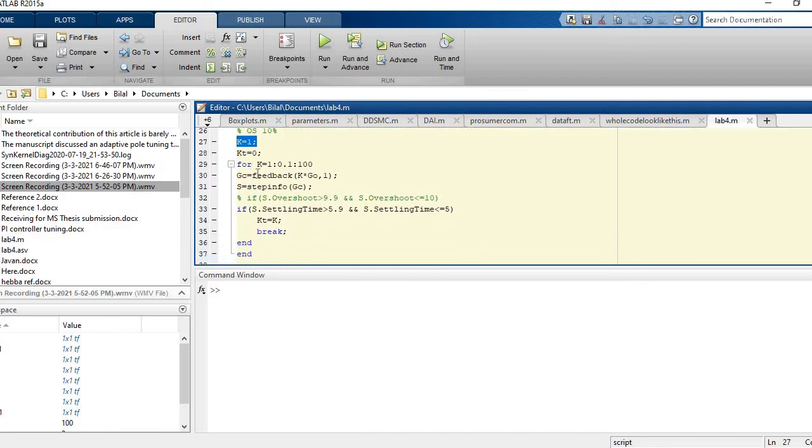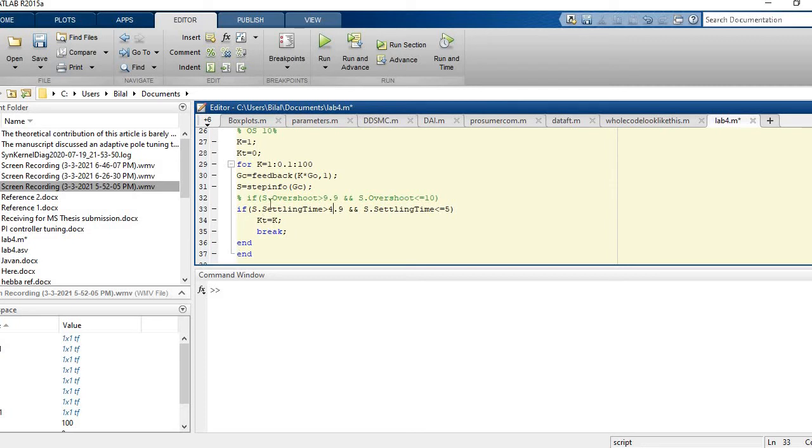Here I take this k, multiply it with the open loop, and feed it back to get the result. Then I use the stepinfo command, which gives you information about rise time and settling time. For example, I am doing the second one, and I take the settling time within the range that is defined for us.